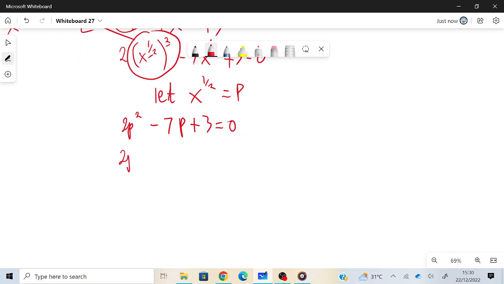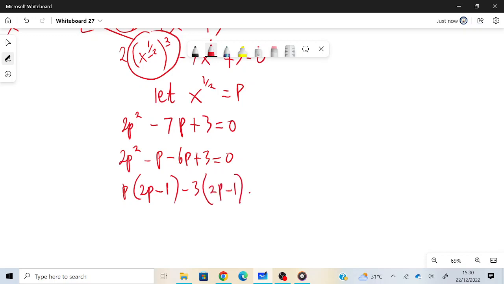This is 2p squared minus p minus 6p plus 3 equals 0. This will be p into 2p minus 1, and then minus 3 into 2p minus 1 equals 0.